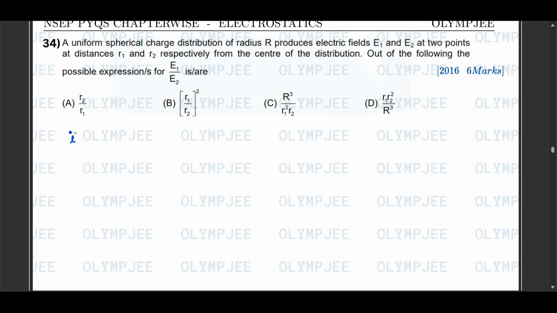So first, let us define the field for a uniform spherical charge distribution.